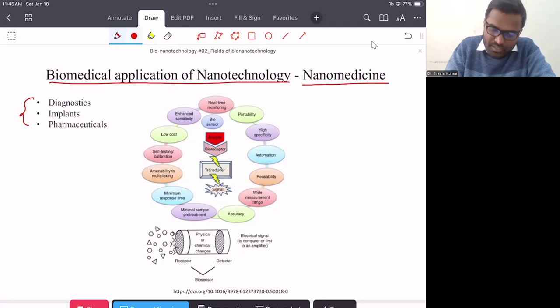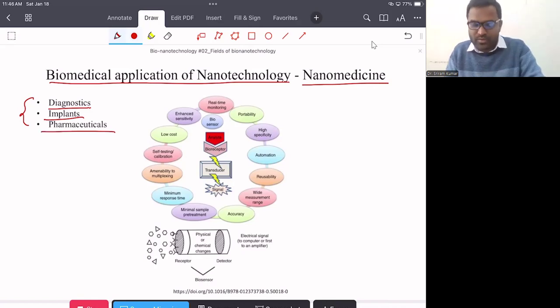One is diagnostics. Diagnosis means we diagnose a particular kind of disease by quantifying the biomarker. That is the term known as diagnostics. The second is implants, for example, medical implants. And here, the pharmaceuticals.